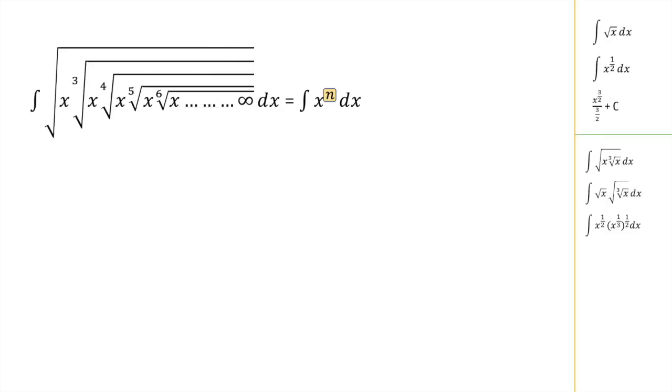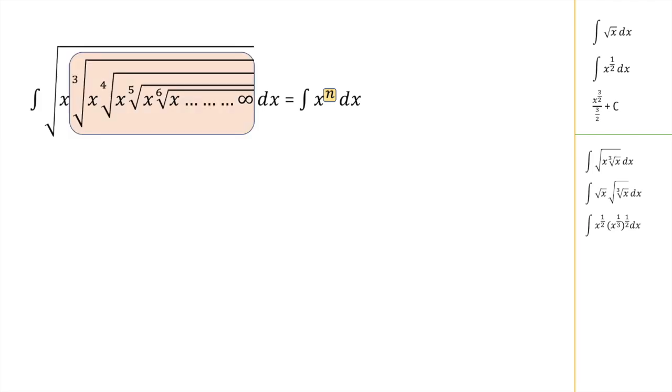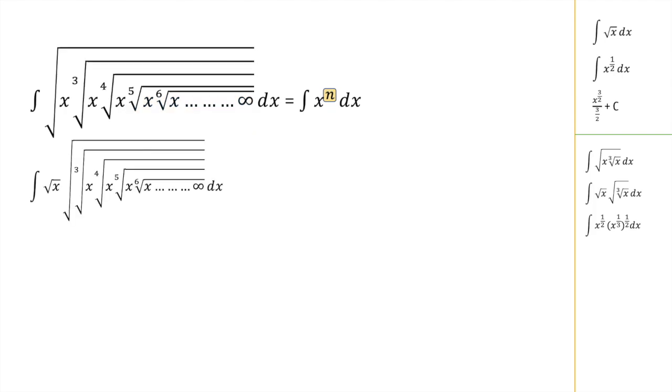Now that we know how to approach this question, we can start by breaking up this square root of x into x and the rest of the part. So now we can write it as square root of x and square root of cube root of x times fourth root of x times fifth root of x until infinity.